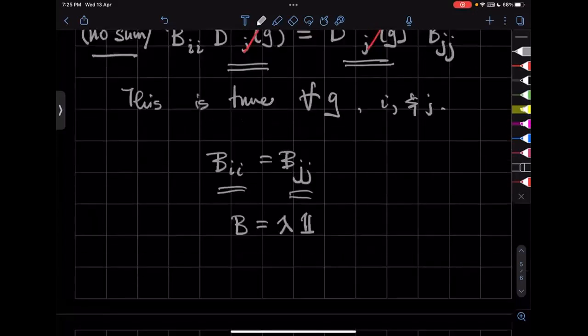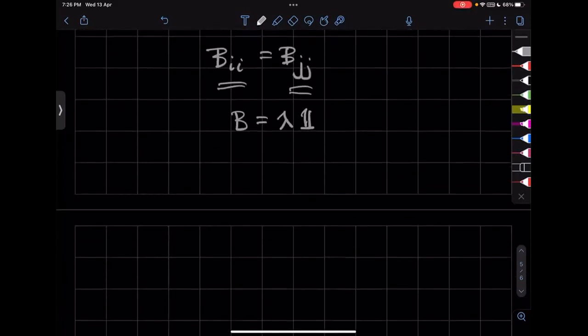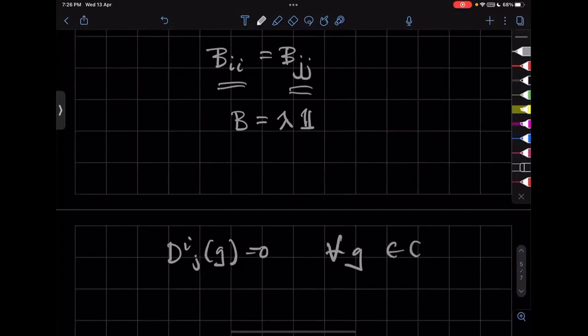Now, what if this was zero? What if D_IJ of G is 0 for all G in the group?